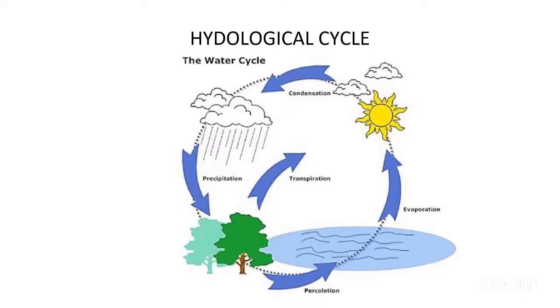This is called surface runoff. It discharges into nearby water bodies, that is rivers, lakes, and oceans. So some rainwater enters the groundwater through infiltration, and the remaining water flows into rivers, lakes, and the ocean. These are the various steps involved in the water cycle or the hydrological cycle.